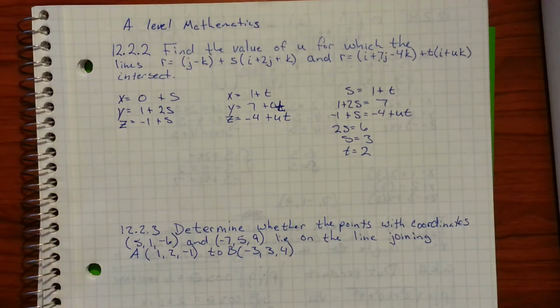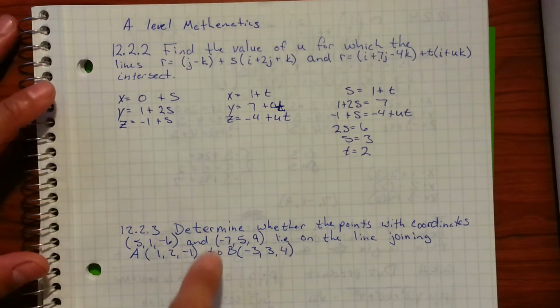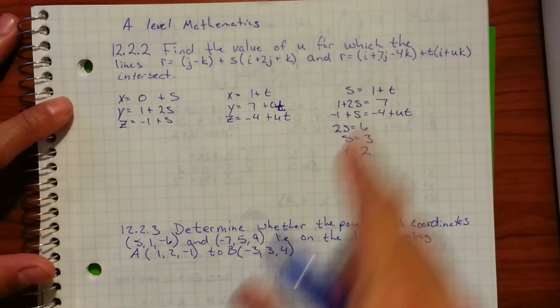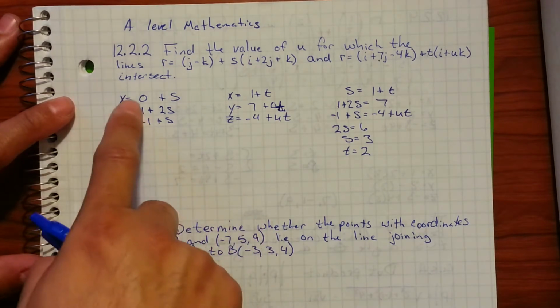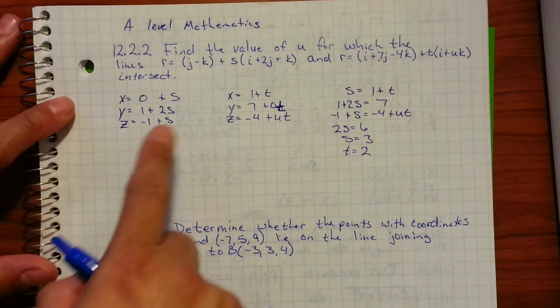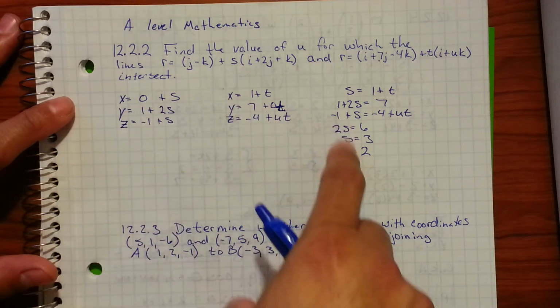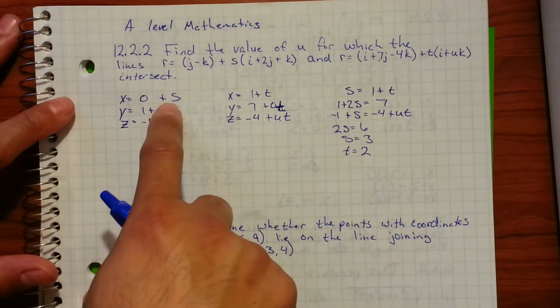So now I'm going to find the point at which these lines intersect. For either one, it doesn't really matter. Let's say I have my s, so I'm going to plug it in here.